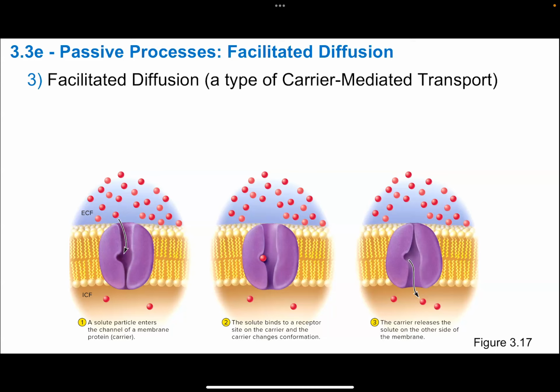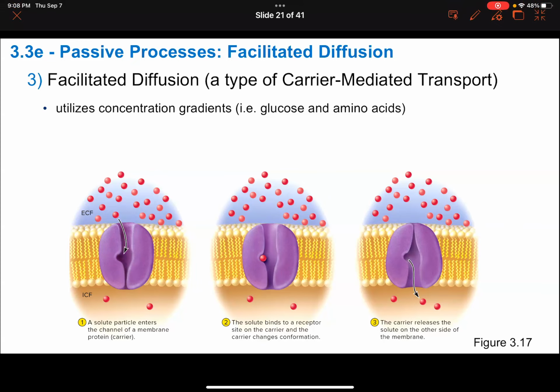As you can see here, this carrier-mediated transport doesn't require ATP. It relies on the concentration gradient, or the difference of the amount of molecules between the extracellular fluid and the intracellular fluid.